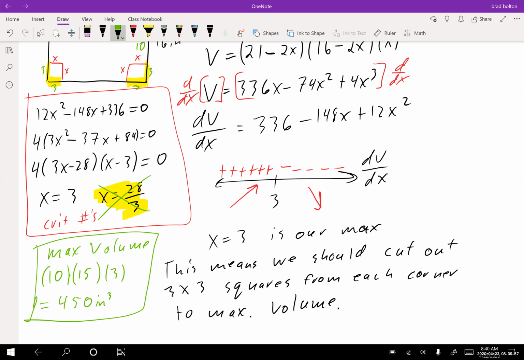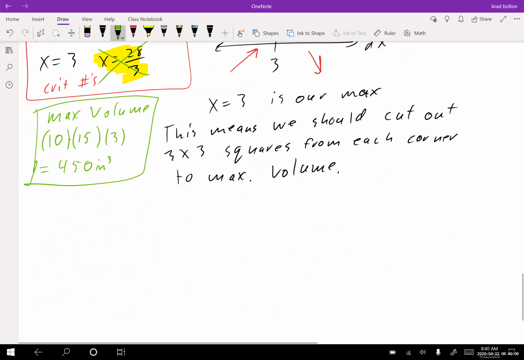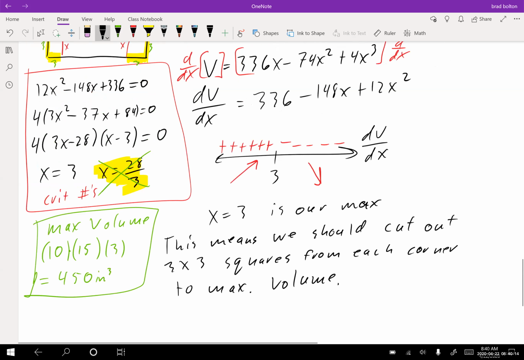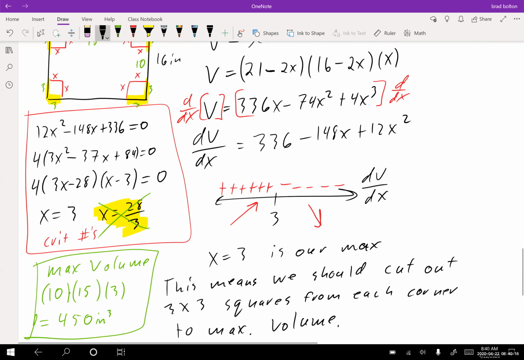Okay, so I'm going to move forward. I think I have 1 or 2 more that I'd like to do for you, and that should cover all of optimization. Okay, so the next one says, so this is example what? Let's see here, where are we at? This is example 4.